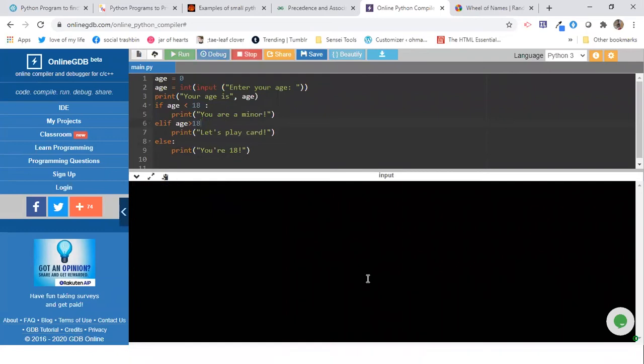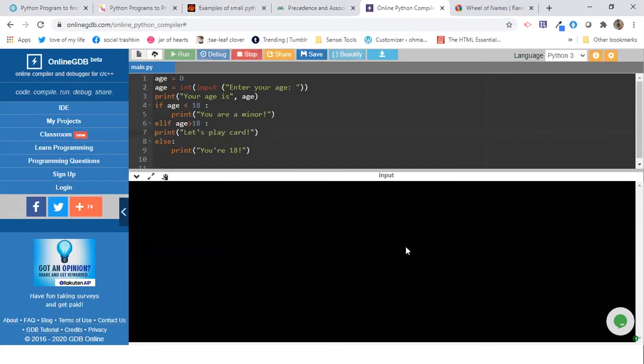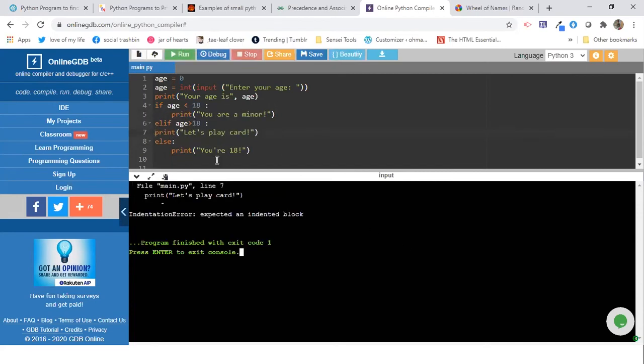This will result in an error. We expect an opening block with a colon there. What if it is not indented? That will cause an error. Anywhere, if it is not indented, that will cause an error. Whenever you use a colon to open a block, it needs to be indented.